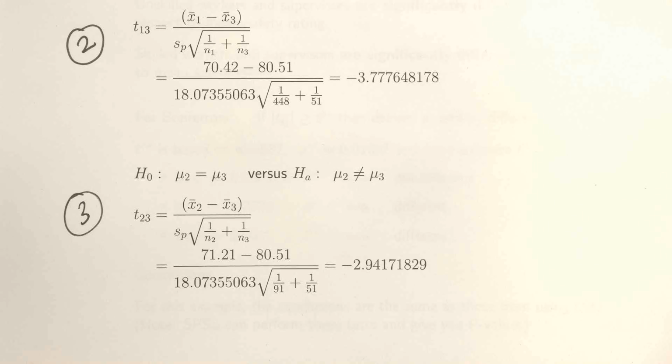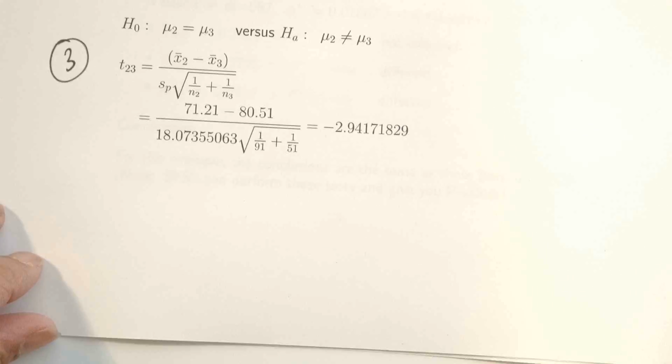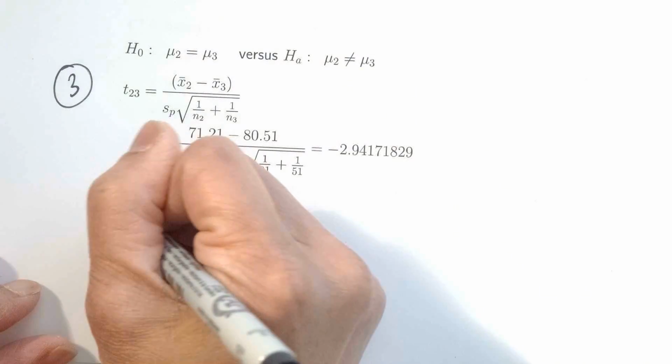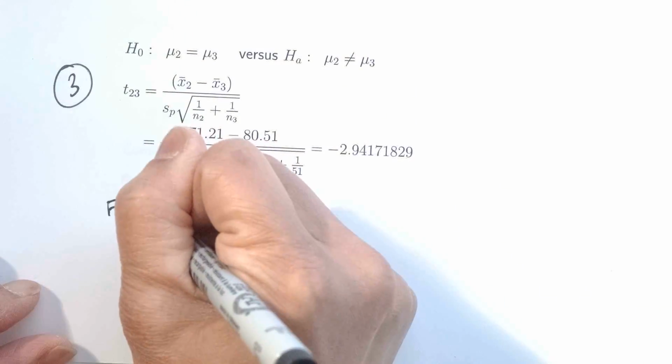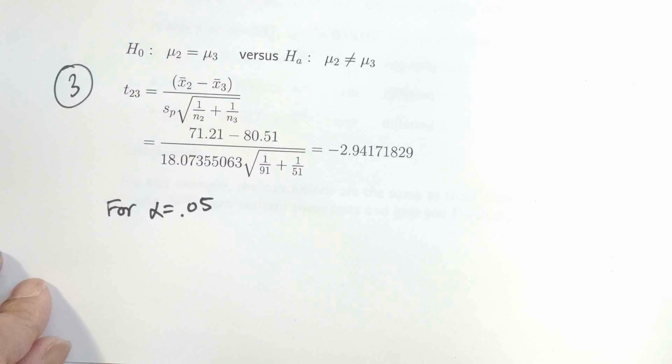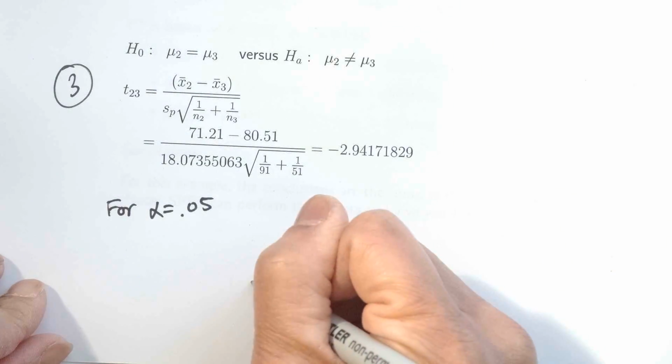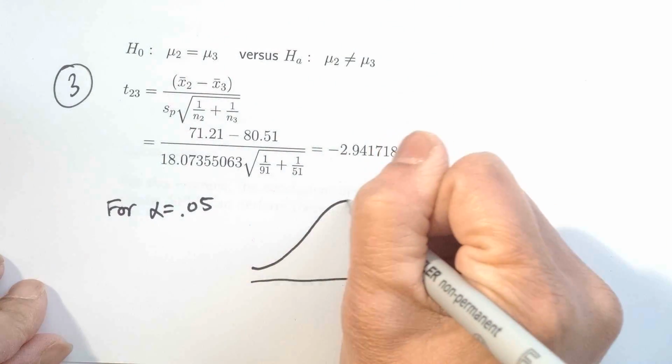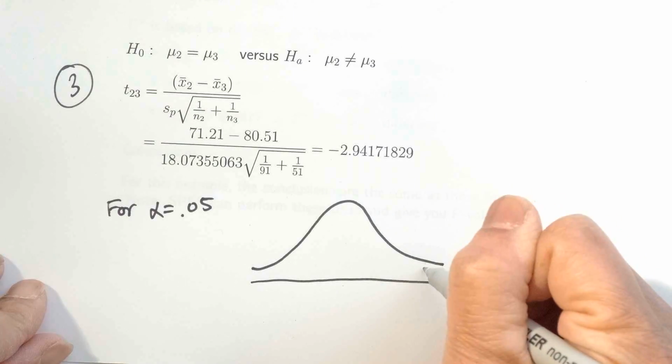So usually what we've been doing throughout this course is saying once we have a test statistic value, let's calculate the p-value. But in all three of these tests, they're going to be compared at the same level of significance. So say 0.05. So for alpha equal 0.05, if we think about it, that's our t distribution.